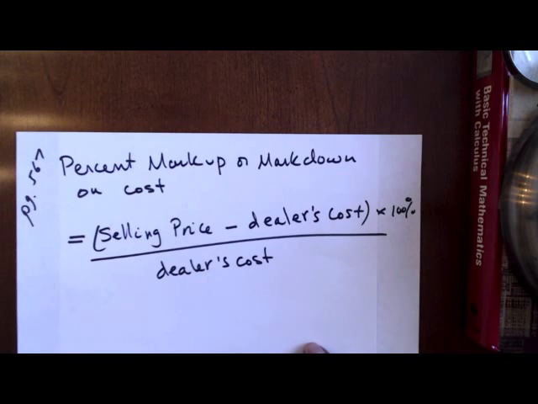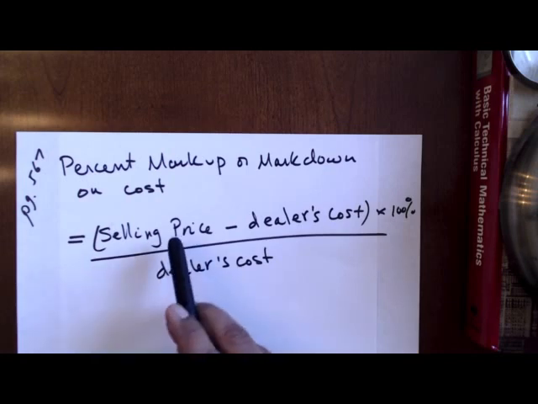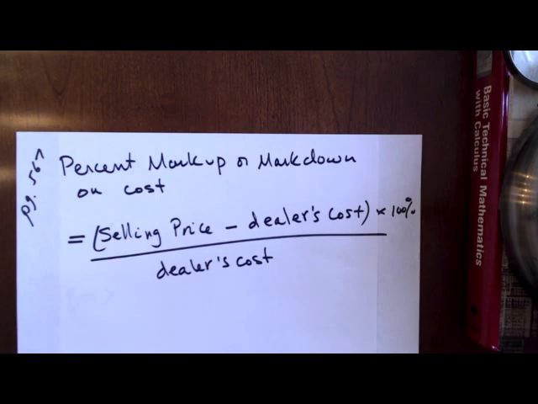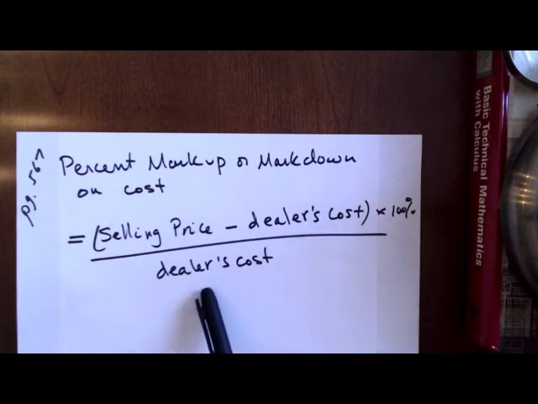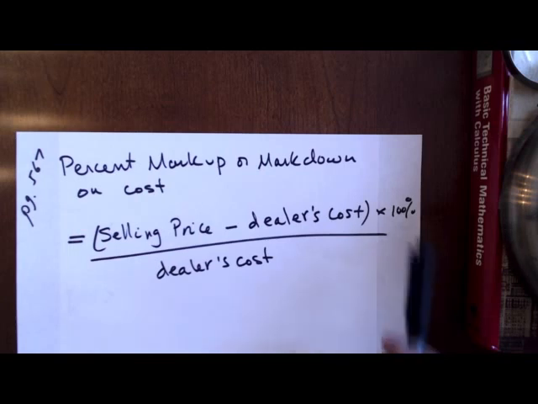They have a percent to mark up in terms of a profit, right? And to do that, they need to have a selling price, right? That's the price that they're going to sell it at the store. Their cost, what they're paying for any product, and divided by the dealer's cost multiplied by 100%. It's the same formula or equation that I showed you earlier for the percent change.